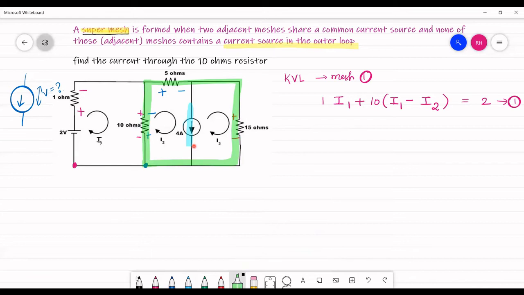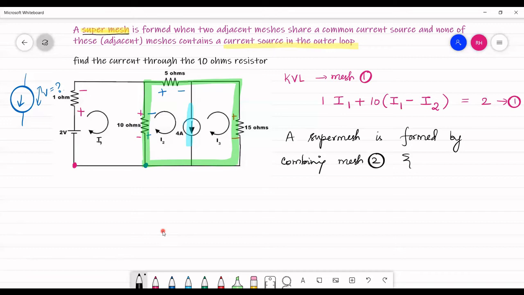A supermesh is formed by combining mesh 2 and mesh 3 that have a common current source.